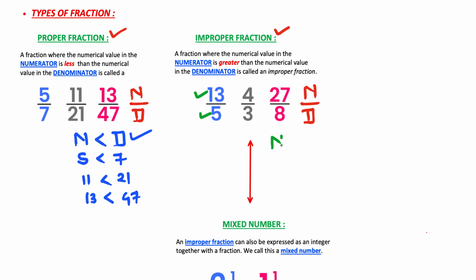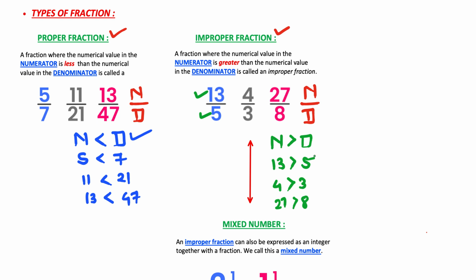Why? Because 13 is greater than 5, 4 is greater than 3 and 27 is greater than 8. So the fractions where the numerators are greater than the denominators are called improper fractions.